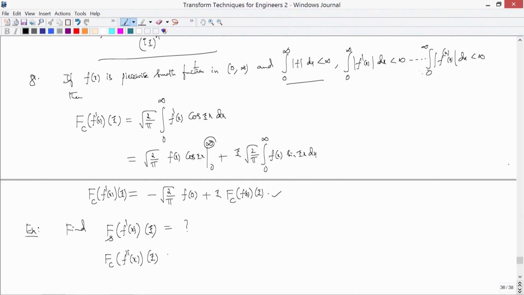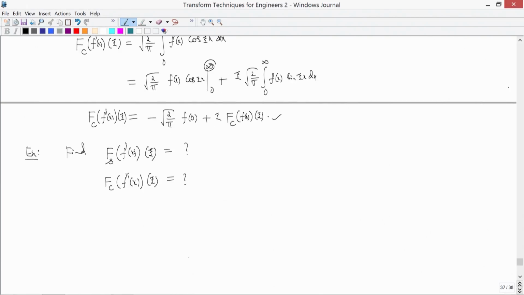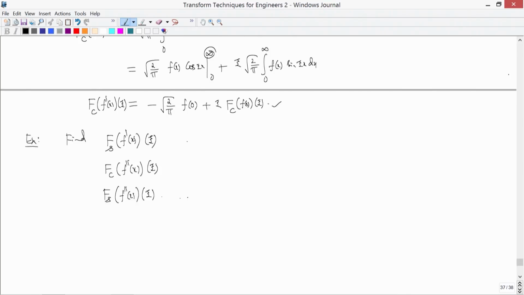So you can calculate this, and you can also calculate the sine transform of the second derivative of f of x, as a function of xi. You can take this as an exercise.